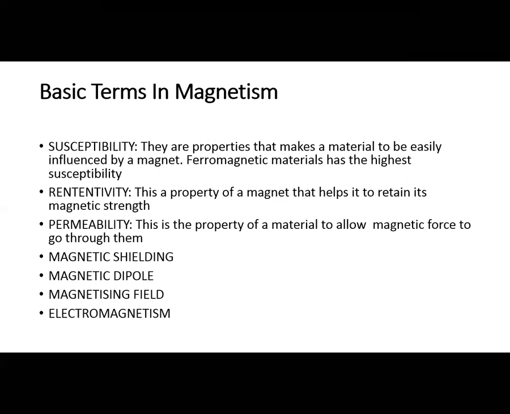Okay, so let's say this metallic substance has so many domains aligned inside of it. What happens is that when you bring it near a magnet, it will easily attract that magnetic substance because of the domains inside.